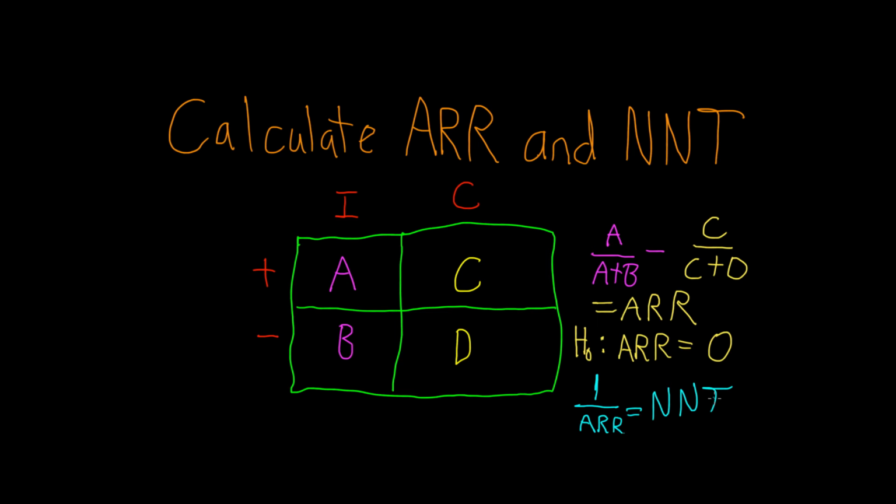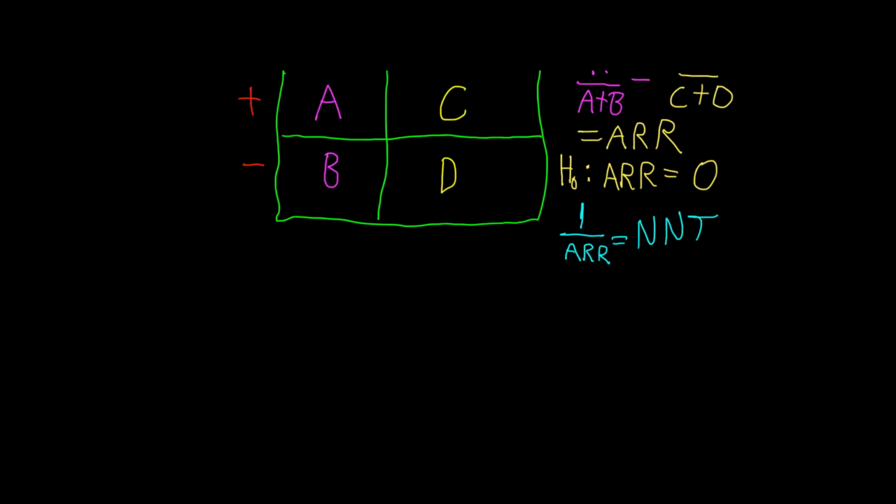Now, let's go ahead and apply what we learned to an example. Again, we're going to draw a 2 by 2 table. And this time we'll look at the outcome being whether someone experienced death or they're alive at the end of the study.